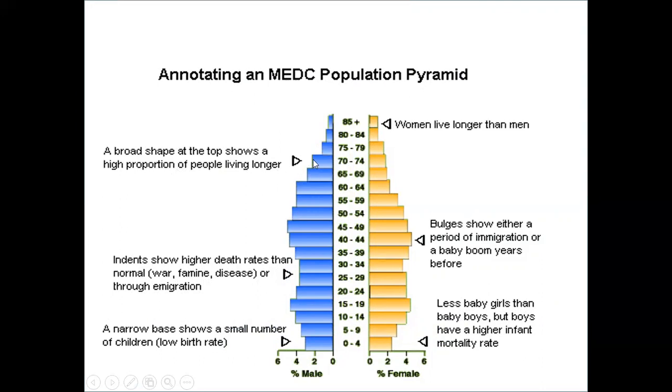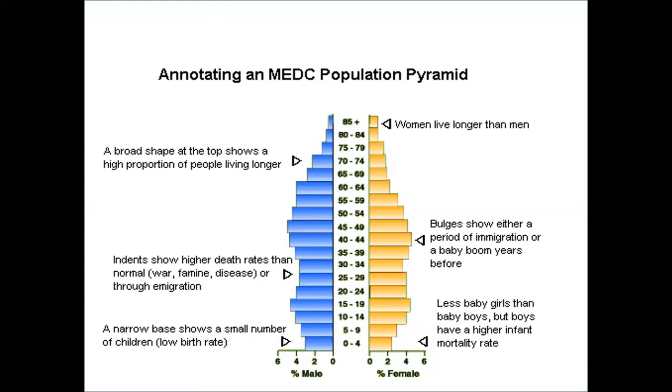Before, in the less developed picture, there were only up to 75 in terms of ages. Now here you can see the age is up to 85 plus, meaning the population in old age is living longer than in less developed countries.